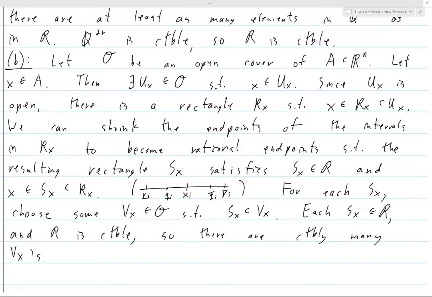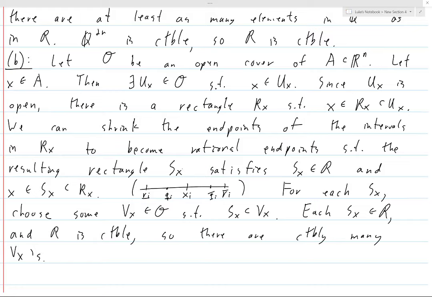So in particular, I said that this Vx that we choose could be Ux. But in general, all of the Ux's could be different. And so we need to allow for some of the Vx's to overlap, because that also needs to happen in order to get a countable collection.